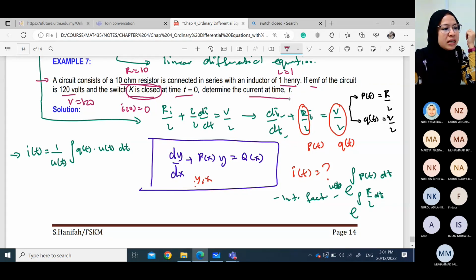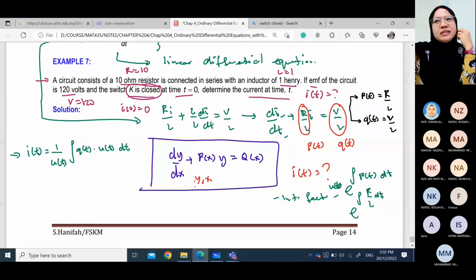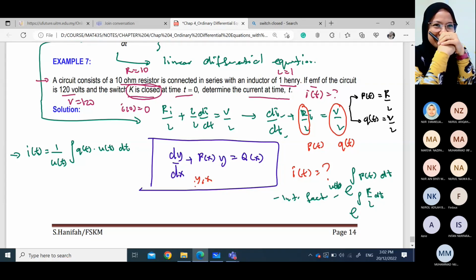So this question asks you to find current at any time t. So the initial value that it gives to us here is when t equal to 0, the switch is closed. So bila close kosong lah. So maknanya there is no current. Alright, okay, faham eh?